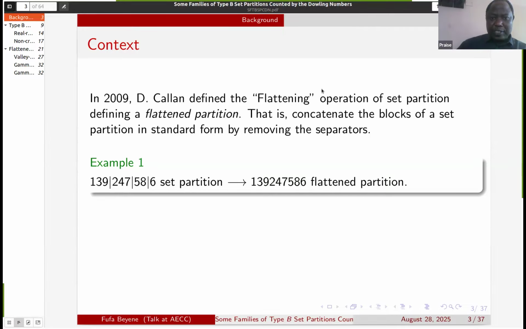Okay, the first question. What I'm saying is that even though you say it's in increasing order, 1, 3, 9, 2, 4, 7, 5, 8, 6, increasing order in each block, I can associate to it an integer partition. The integer partition is 3, 3, 2, 1, and that is the integer partition that gives this set partition. On the right-hand side, this is a permutation in one-line notation in S9.